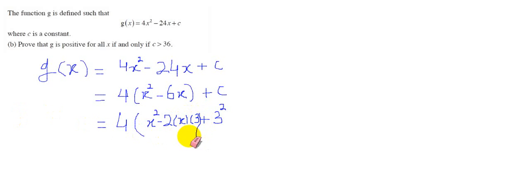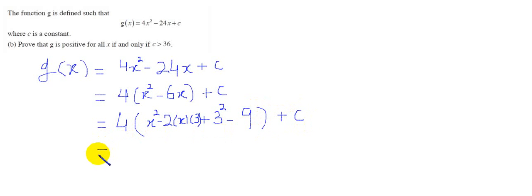Okay, so now as you can see here, I just added 3 squared, which is 9, which is an additional step that affects our function. So in order to remove this effect, we must subtract 9. So now the effect is gone because 9 and negative 9 cancel each other, giving us 0.